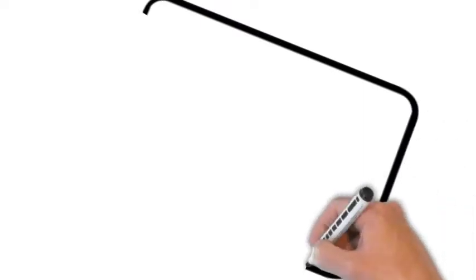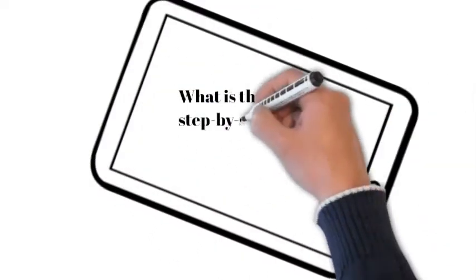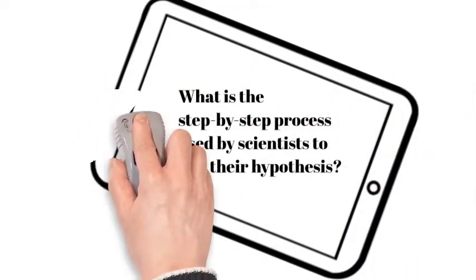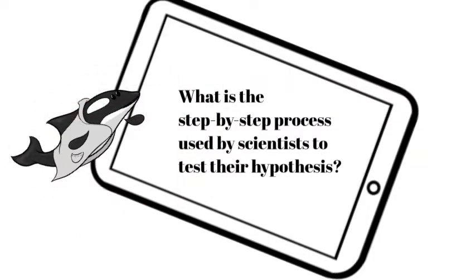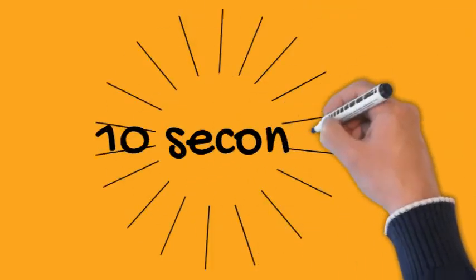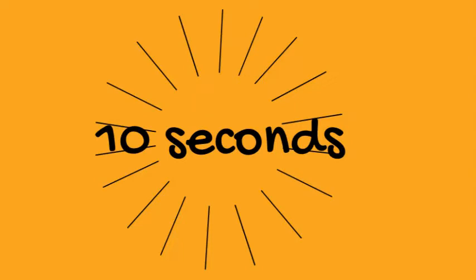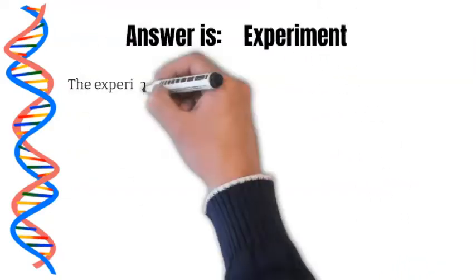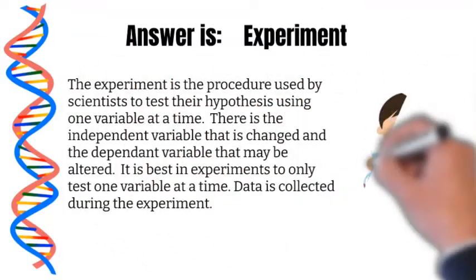Question number 7. What is the step-by-step process that scientists use to test their hypothesis? The answer is experiment.